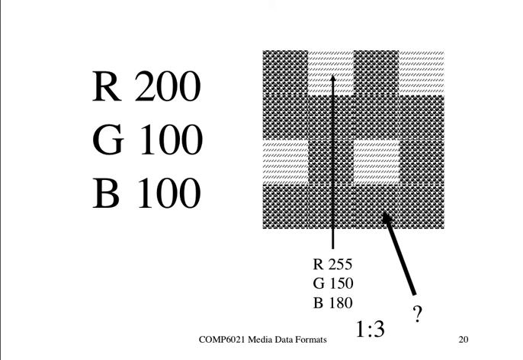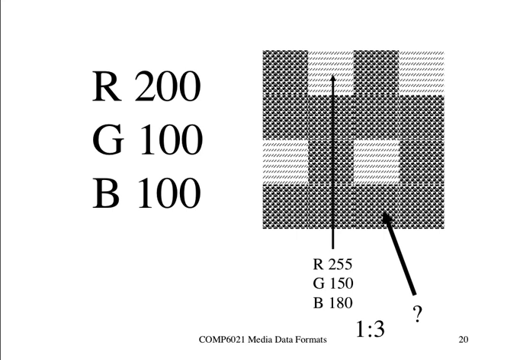Here is a tougher one mathematically that I want you to think about. So here we have 2 different colors of pixel in a 3-to-1 ratio. Now the color that appears once has an RGB value of 255, 150, and 180.